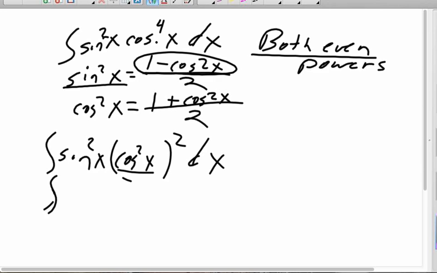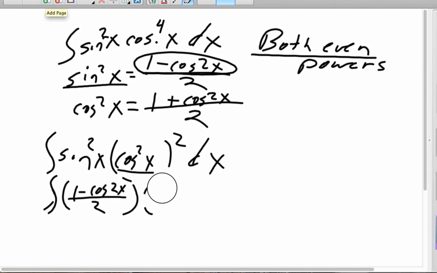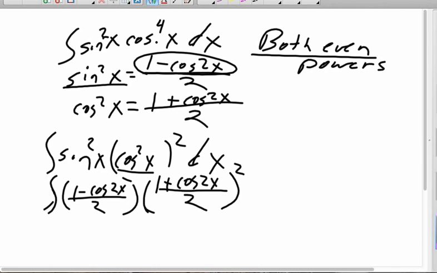The integral of 1 minus cosine of 2x over 2 times 1 plus cosine of 2x over 2 squared dx.